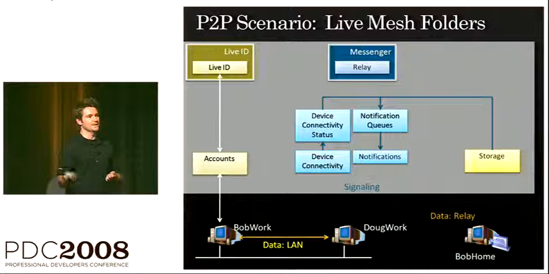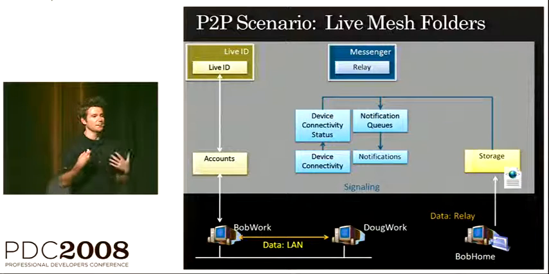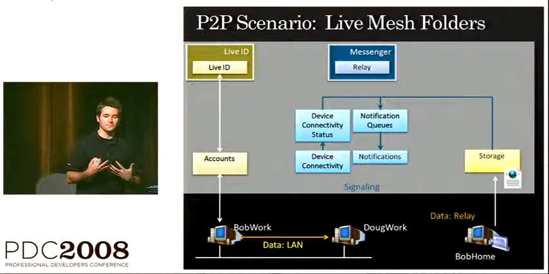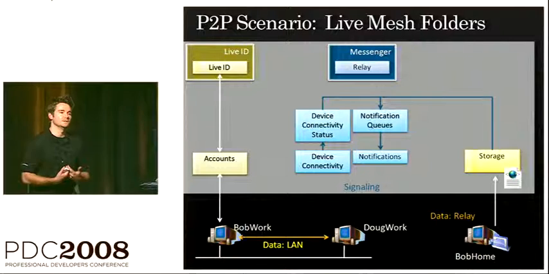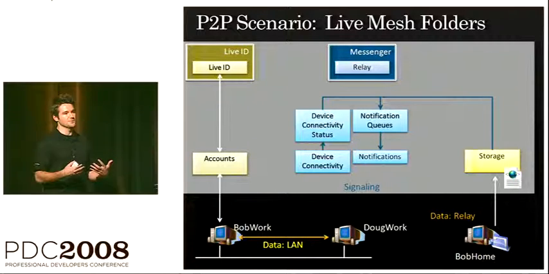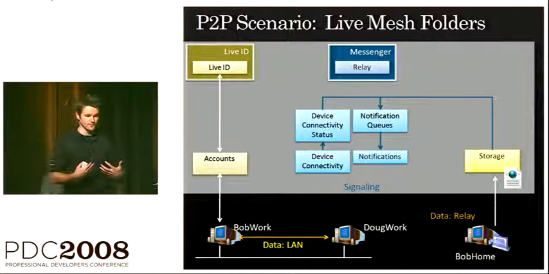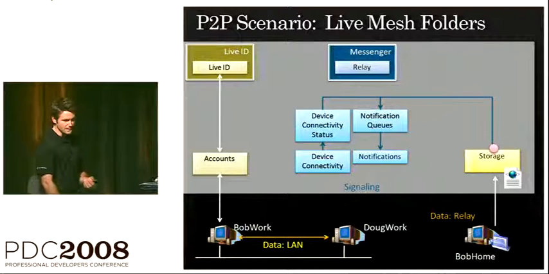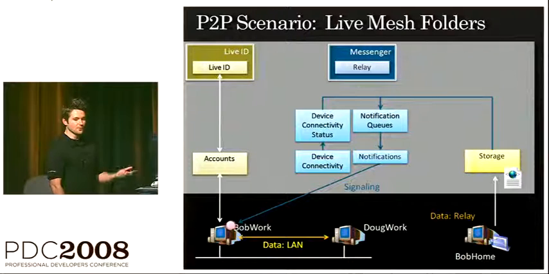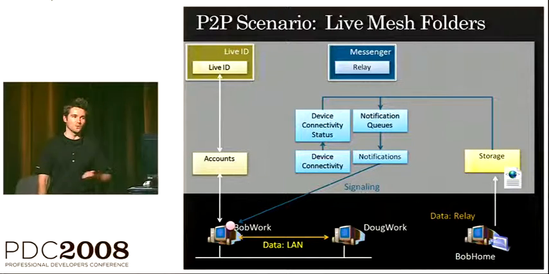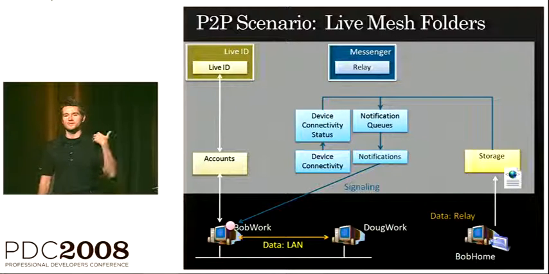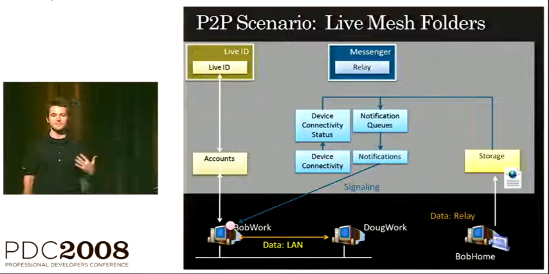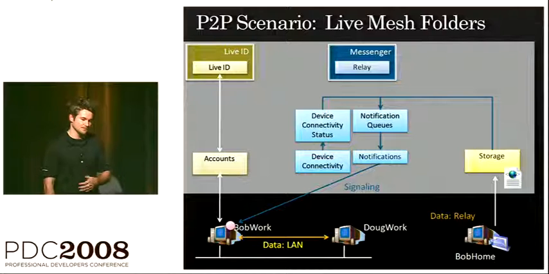Once that's created, the device will actually send metadata surrounding that folder to the storage service. This is one of the resource managers that we talked about in the cloud. The storage service will then fire a notification that this particular object changed. That notification will then land on Bob's work machine. So Bob's work machine is now aware that that live folder exists on his home machine.